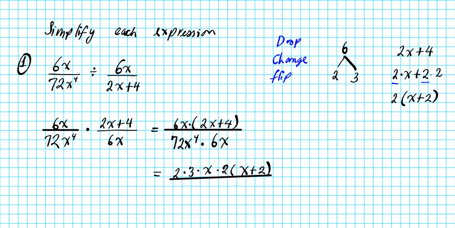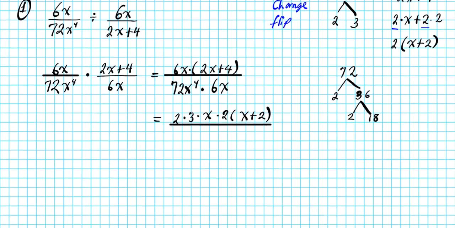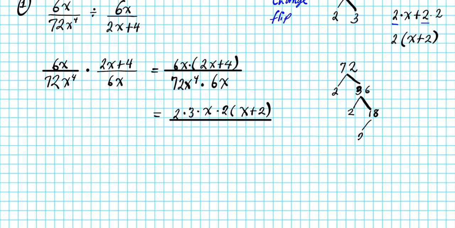72. Let's go ahead and decompose that. We want to express 72 as a product of primes. So 72 is even, so we know 2 goes into 72 36 times. 2 goes into 36 18 times. Can still go further. 2 goes into 18 9 times. 3 goes into 9 3 times.